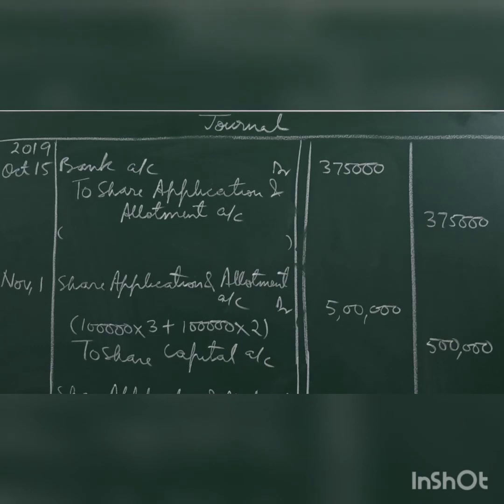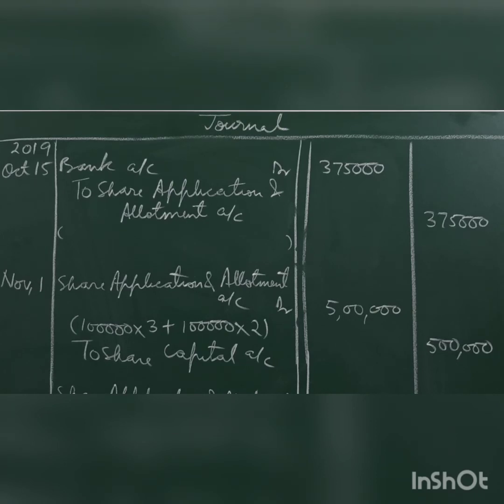The third entry would have been share allotment account debit to share capital account. But now in this question, since they have asked to maintain a combined account, 1 lakh into 2 is the rate of allotment. So 3 lakh plus 2 lakh, 5 lakh is the amount.